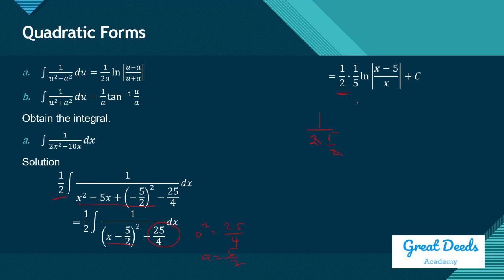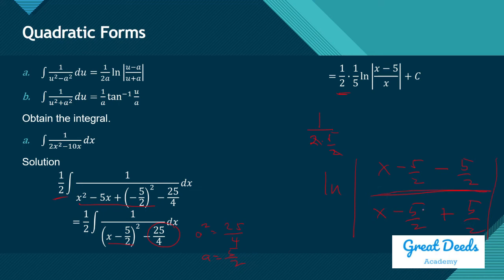So 1/2 times 1 over 5 times ln of x minus 5 over 2 minus a, and a is 5 over 2, all over x minus 5 over 2 plus 5 over 2.